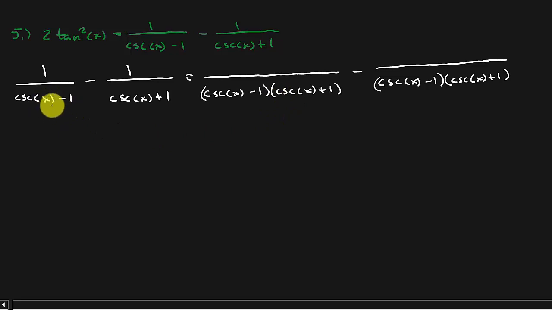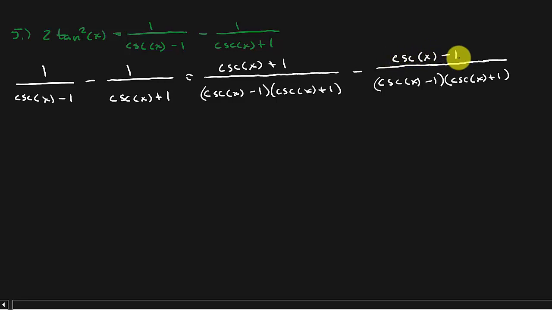What do we have to multiply to this denominator to get our common denominator? Well, that's cosecant plus 1. So cosecant plus 1 times 1 is cosecant plus 1. And then same thing here. What do I have to multiply to this denominator to get my common denominator? Well, that would be cosecant minus 1. So cosecant minus 1 times 1 is cosecant x minus 1.